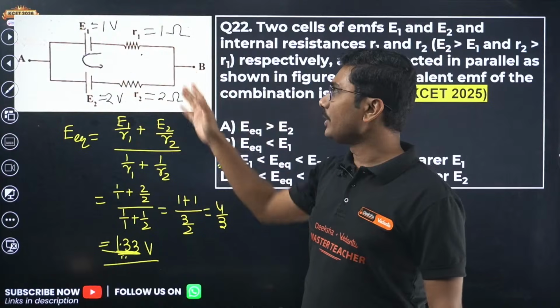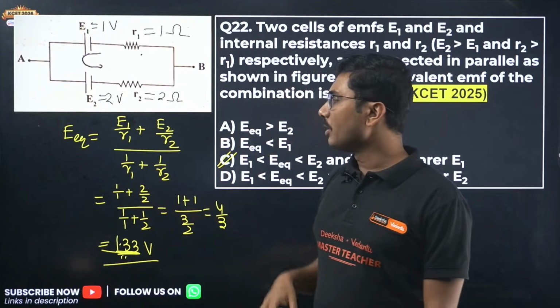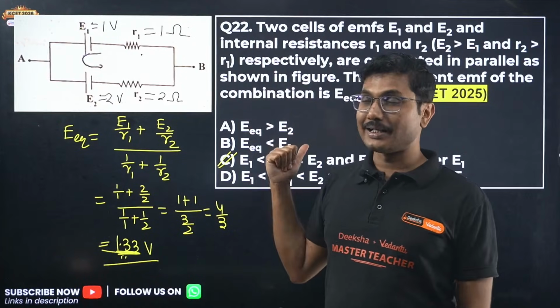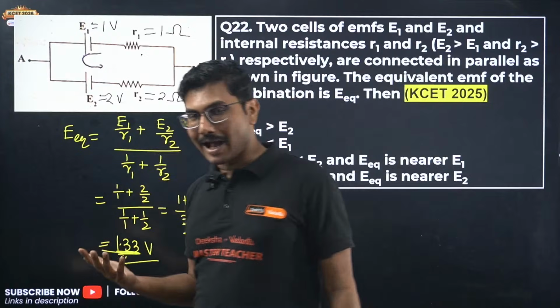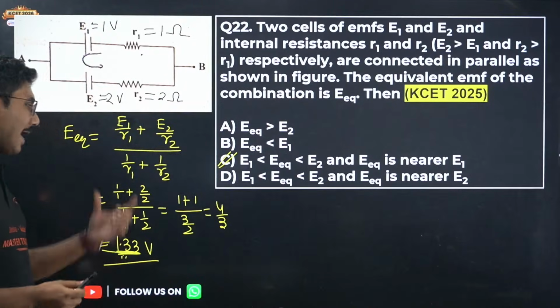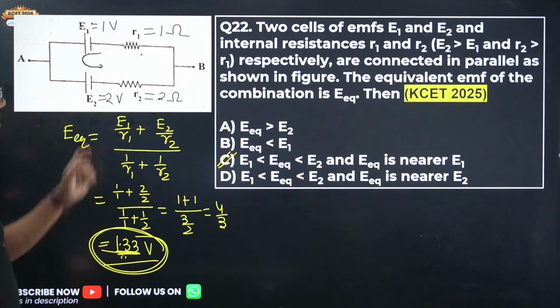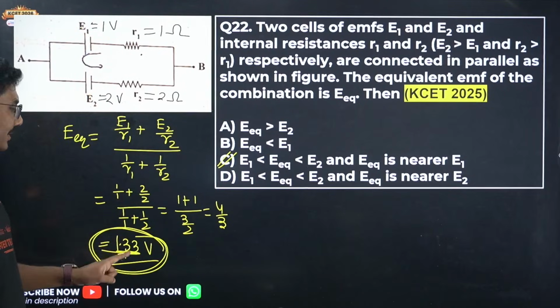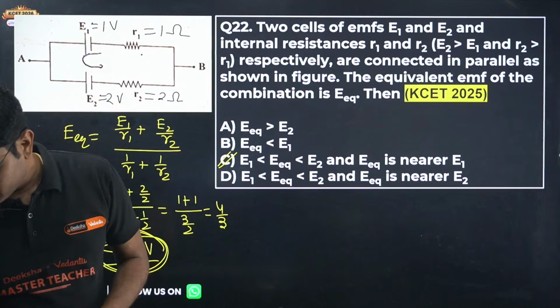But we have chosen the smallest values satisfying the condition. The numbers are easy, so 1 by 1 and 2 by 2 cancel, our calculation is easier, and we get one value, which comes between these two values and is closer to the smaller EMF. Clear?